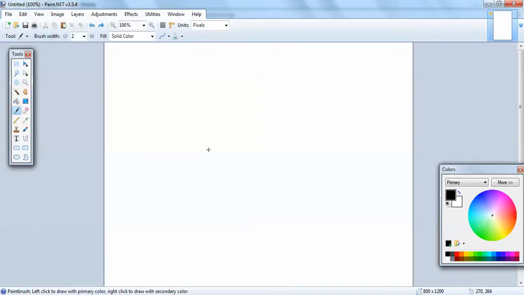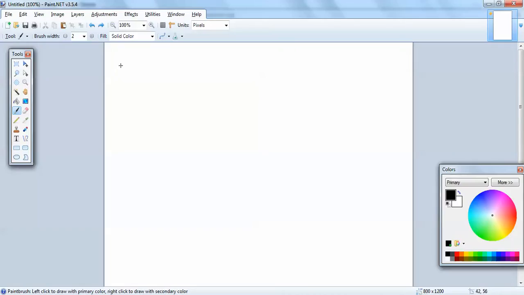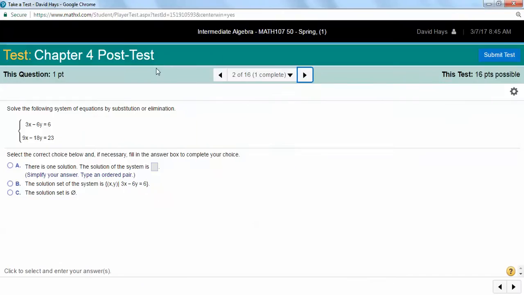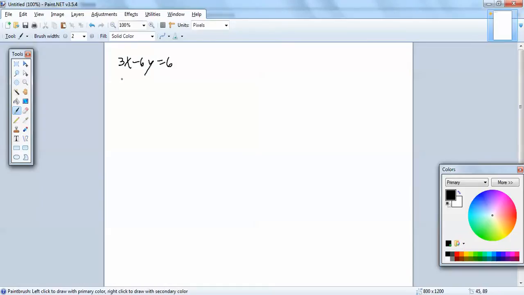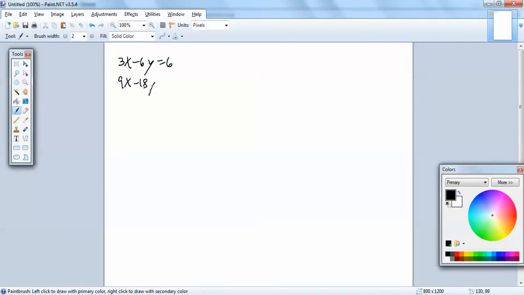There. I made it a little bit longer for any problems. So we got 3x minus 6y is equal to 6, and 9x minus 18y is equal to 23.